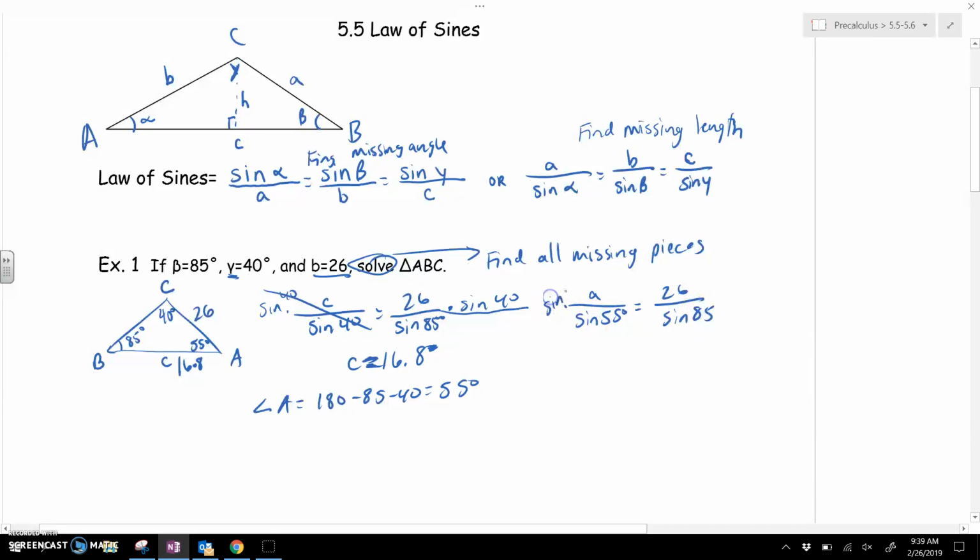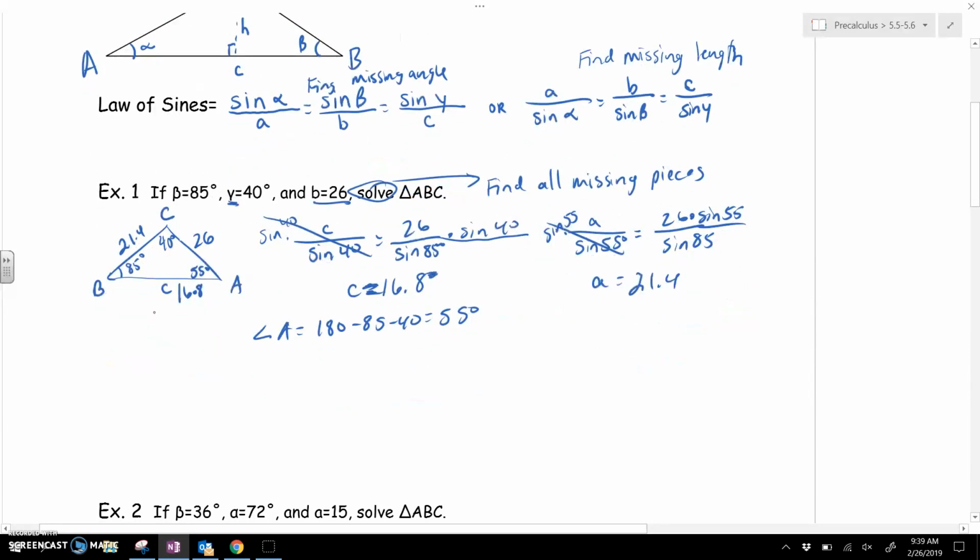Again, in this case, I'm going to multiply both sides by sine 55. I would get a equals 26 times sine 55 on my calculator, and then divide by sine 85. I get 21. So you can see by using the law of sines and the sum of the angles in a triangle, I was able to find all six pieces.